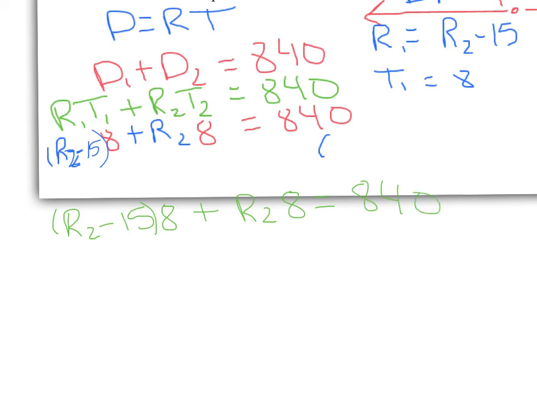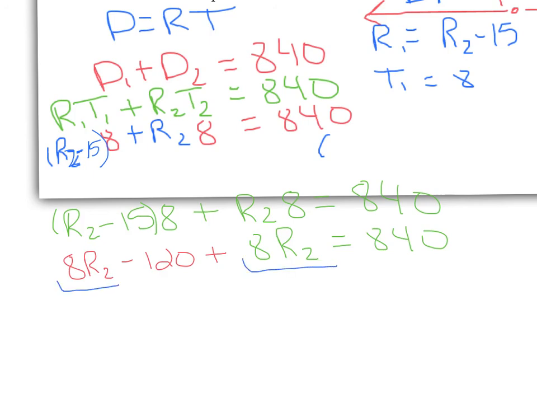So I'm going to start simplifying. I'm going to start here with the parentheses. 8 times rate 2, R2, minus 8 times 15 is 120, plus, I'm just going to reverse this order, 8 times rate 2 equals 840. All right, looks like we have some like terms here. 8 rate 2 and 8 rate 2 makes 16 rate 2 minus 120, there's the 120 right there, equals 840.